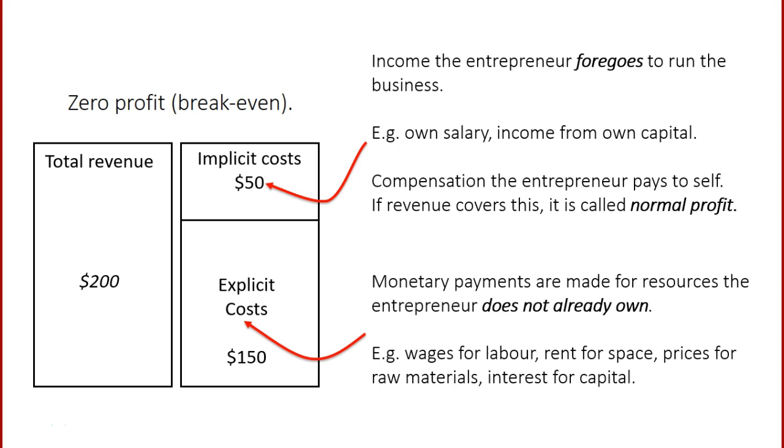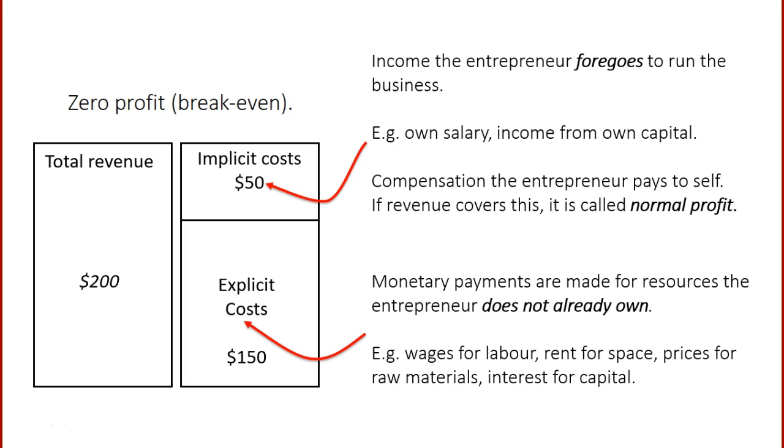So this money that the entrepreneur has foregone, has given up by running the business, is called the implicit costs of the business. There are no receipts for this, okay? But nonetheless, it's something that a rational entrepreneur would take into account as a cost of running their business.